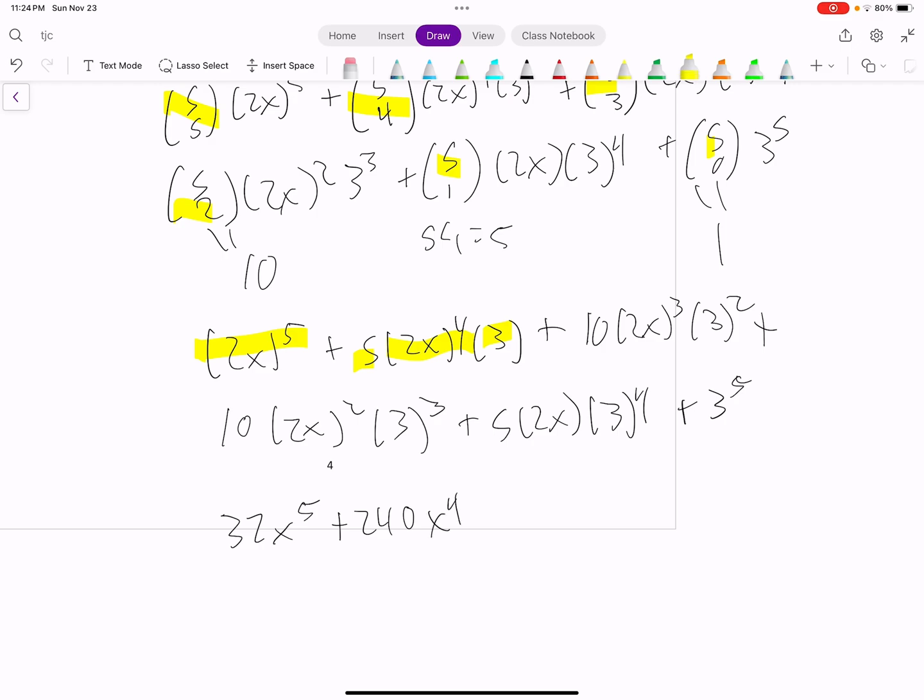Next, we come here, (2x) cubed, that's 8x cubed. 3 to the second is 9. So it's 8 times 90, which is 720.